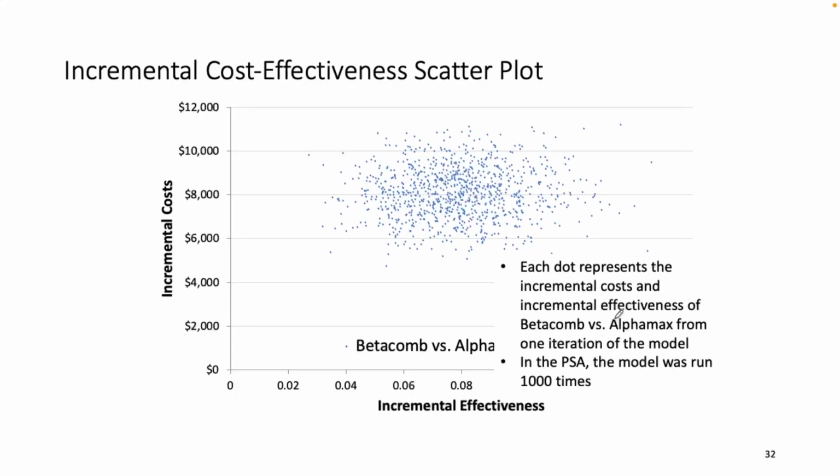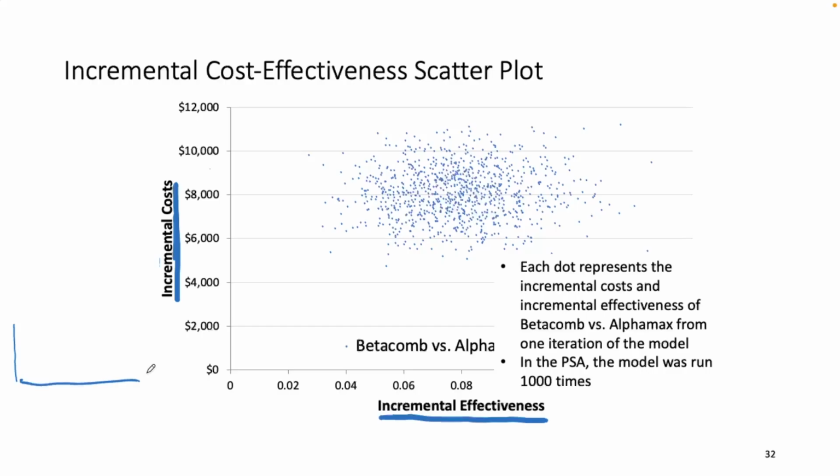All right, so this is some of the results that we can get from a probabilistic sensitivity analysis. So we have our incremental costs, so the cost of alpha max minus the cost of beta com, and then the incremental effectiveness here. And what we do to create this scatter plot is the model is going to take all of our distributions.